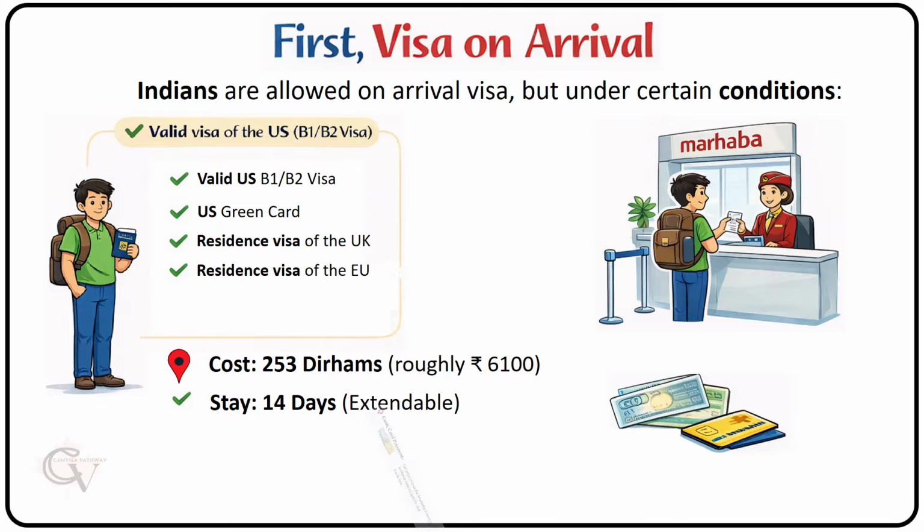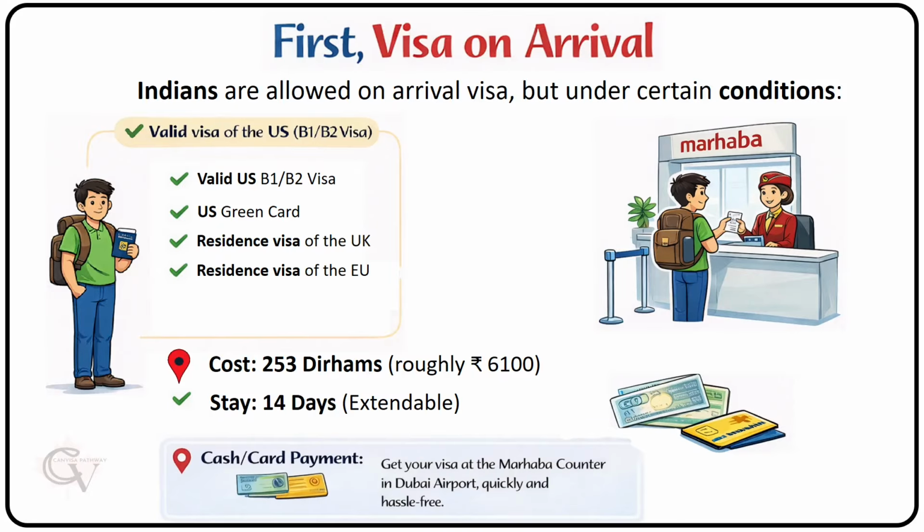After that, I simply walked over to the immigration counter with that slip, and honestly, the whole process was super smooth. No long queues, no confusing questions, no hassles at all. I paid 253 dirhams right there on the spot. You can pay in cash or card, either hand over the dirhams or just swipe your credit card, and boom, your visa is issued instantly.